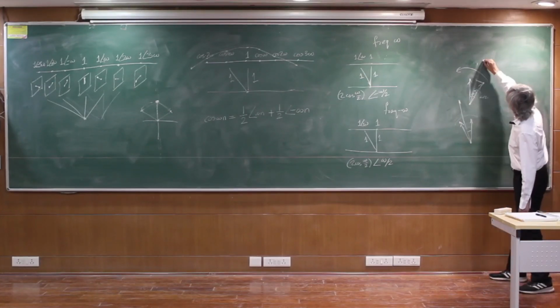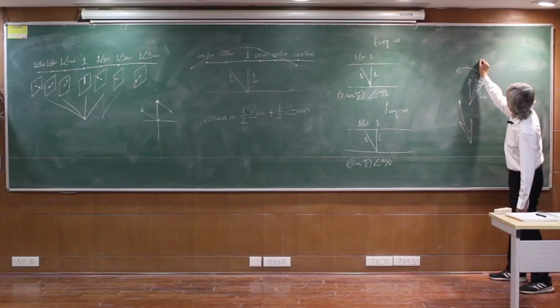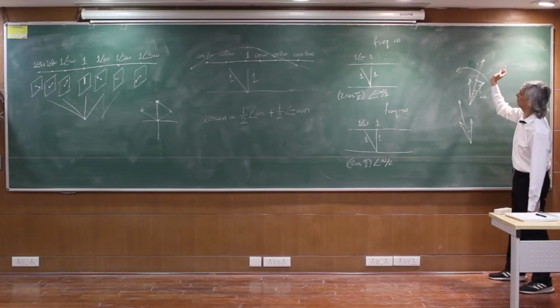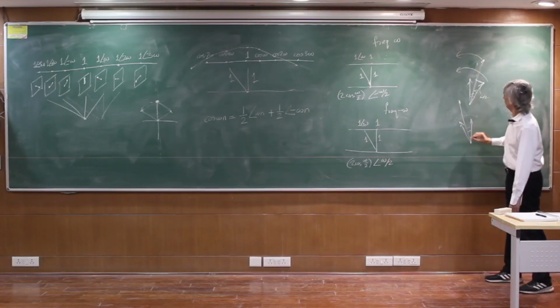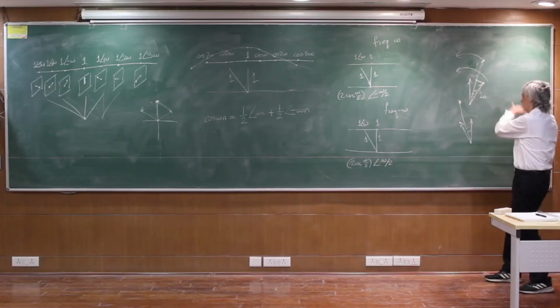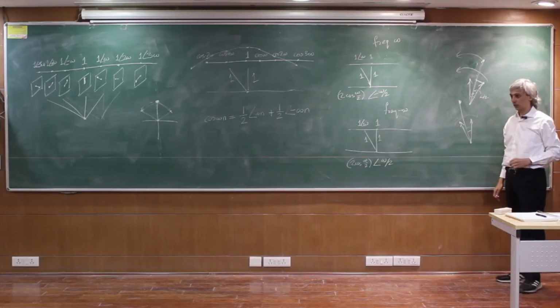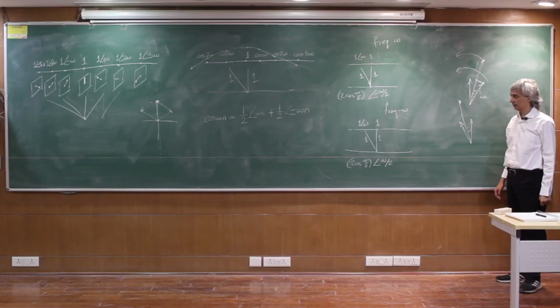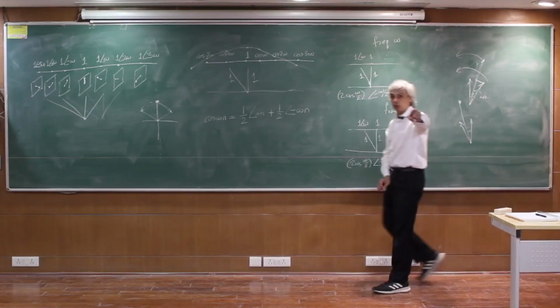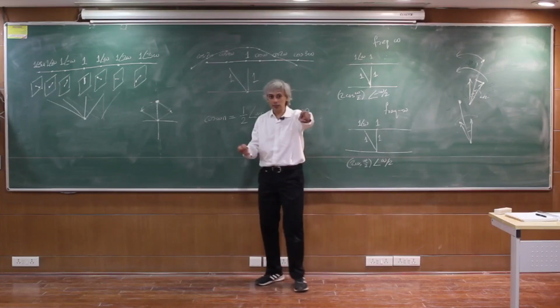See, one is starting here and going around like this. One is starting here and going around like this. If you add them up, what will they produce? On the real line, yes, they do produce a simple harmonic motion, which is a sinusoid.